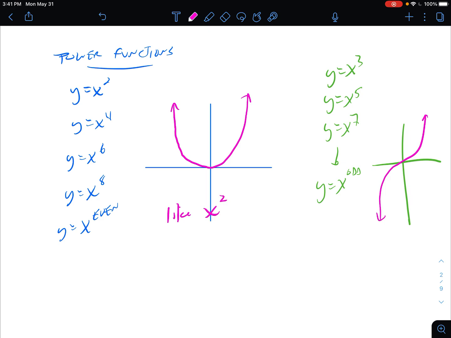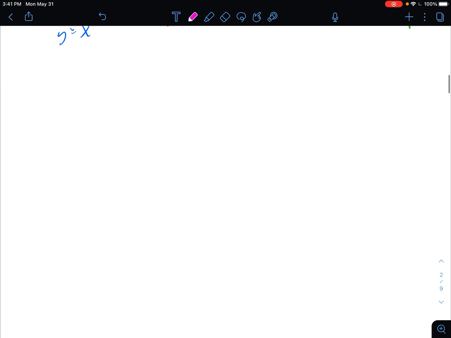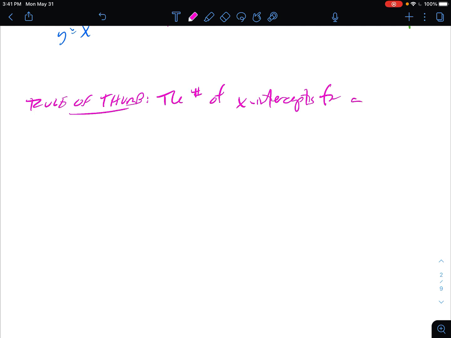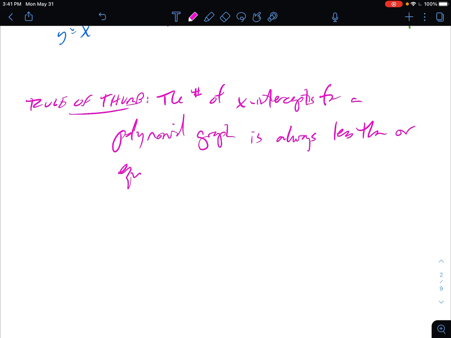Usually with a polynomial, we have multiple terms. And just as a handy rule of thumb, it's worth knowing that the number of x-intercepts for a polynomial graph is always less than or equal to the degree, the biggest power of x that we see.